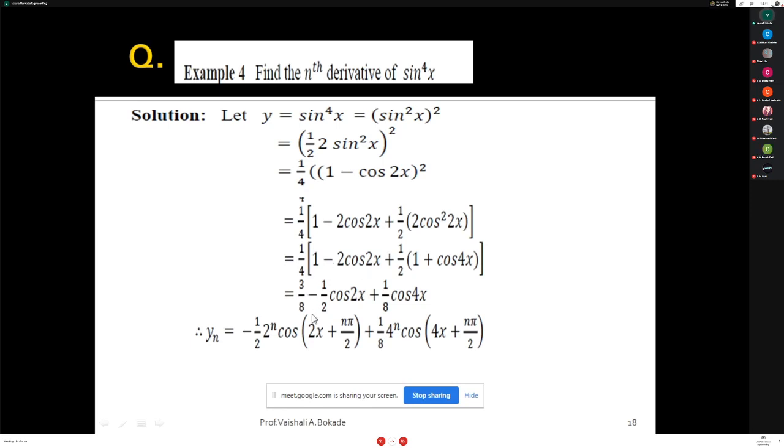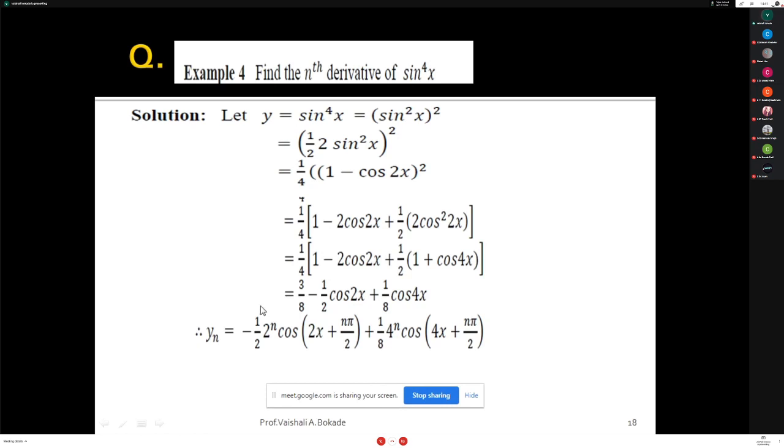So you have 3 by 8 minus 1 by 2 cos 2x plus 1 by 8 cos 4x. We started with sine raised to 4x and now have a constant term plus cos terms. So I have adjusted sine raised to 4x as a constant plus addition and subtraction of cos terms, and now we can take the nth derivative.